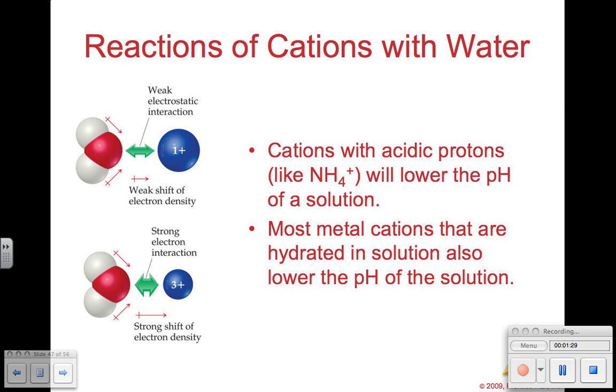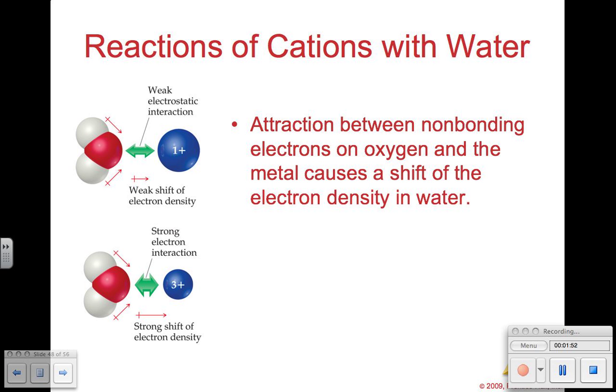Most metal cations that are hydrated in solution also lower the pH. So a metal cation, whether it's Na plus or aluminum 3 plus, will lower the pH, make it more acidic in the process. So anions make things more basic, and cations make things more acidic.